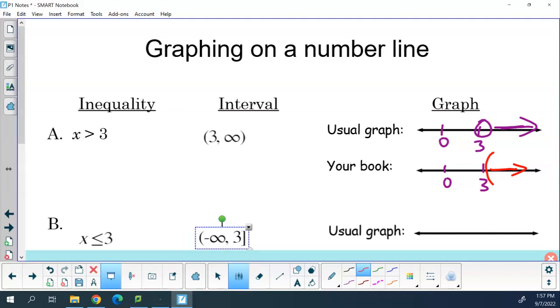They're the only authors I've ever seen use this parenthesis and bracket on the graph compared to open and closed circles. I think the ACT, college entrance exams, and all those tests you're going to be taking next year will use open and closed circles. So when we graph, we're going to use open and closed circles. If you look in your book and you see that, that's what's happening.